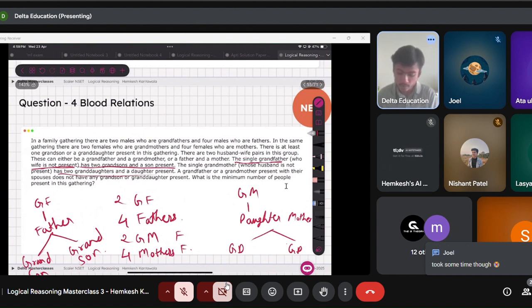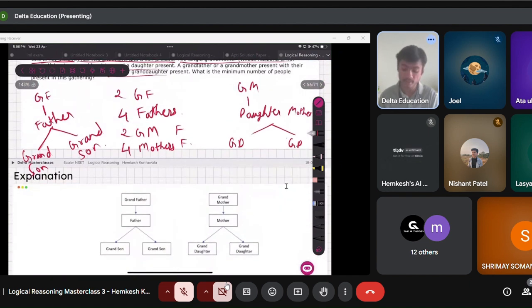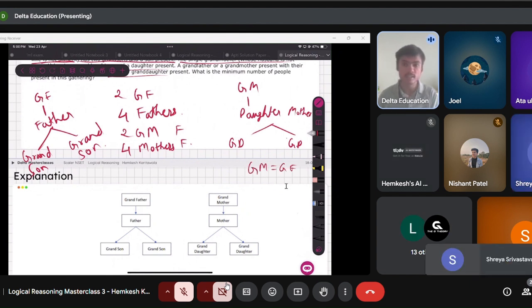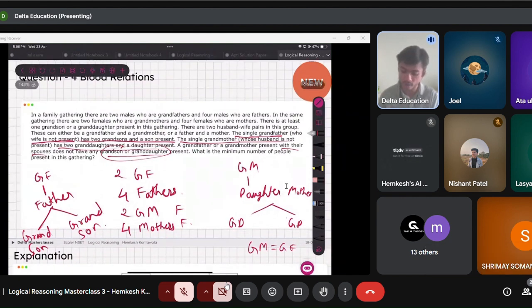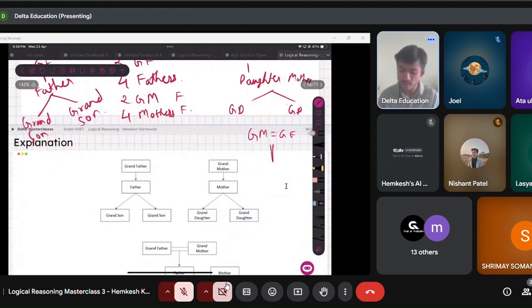A grandfather or a grandmother present with their spouses does not have any grandson or granddaughter. So the pair who is present has their spouses, but they don't have any grandson or granddaughter. They have a son or daughter, and they also have their spouses.